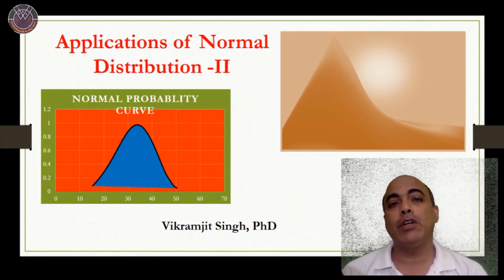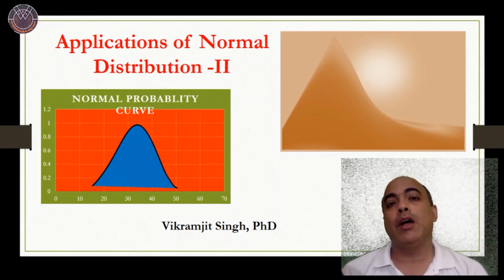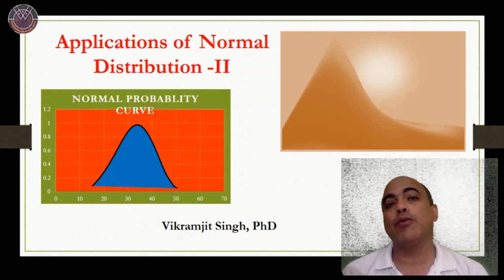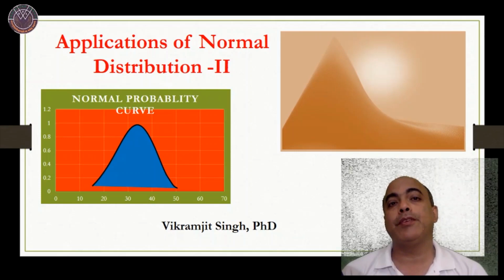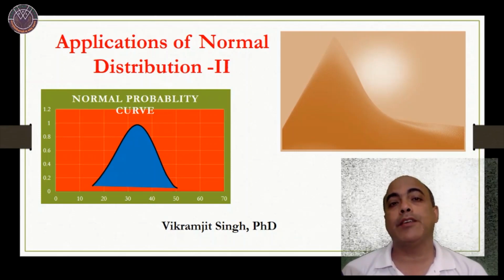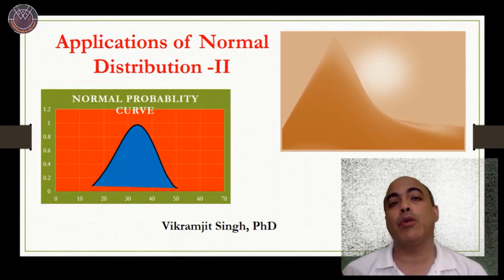In continuation of the second video on normal distribution, in this video I will be discussing different other applications of normal distribution. I will take up different examples from real life situations where we can apply the characteristics of the normal probability curve and solve problems based on the normal distribution curve.